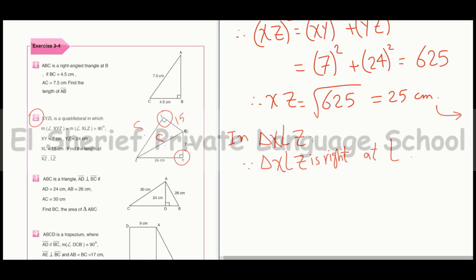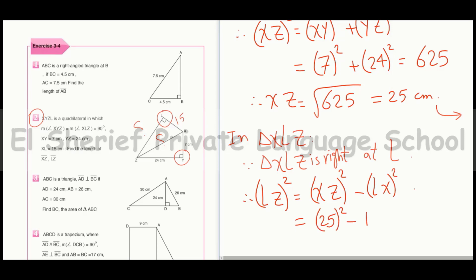Therefore LZ power 2 equals XZ power 2 minus XL power 2, which equals 25 power 2 minus 15 power 2 equals 400.